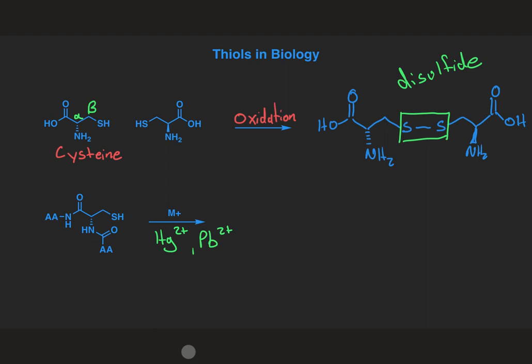And mercury and lead are both great Lewis acids, and the SH bond, or the sulfur, has some electrons. It can act as a Lewis base. And so the electrons on sulfur can attack that metal, or a generic metal, and you might get a structure that looks like this.